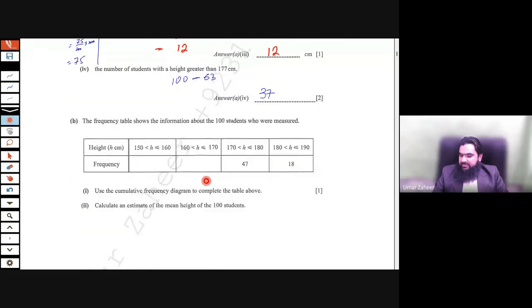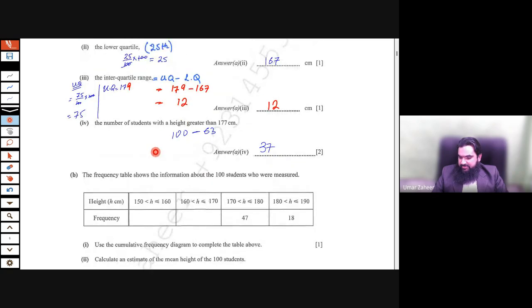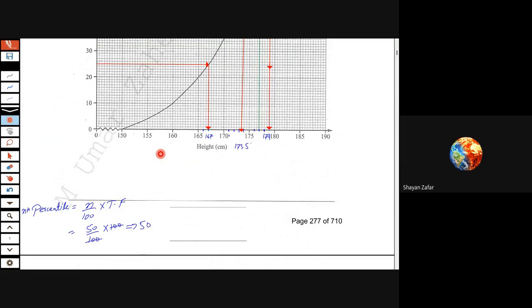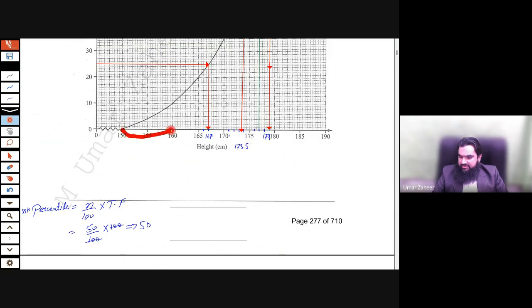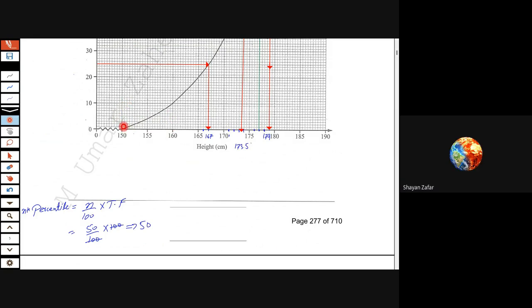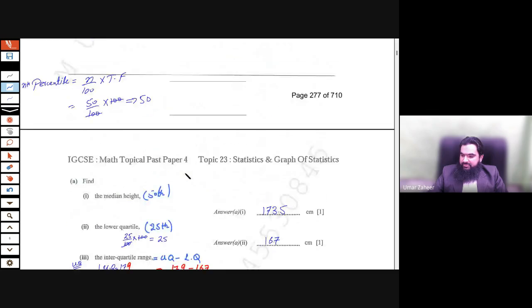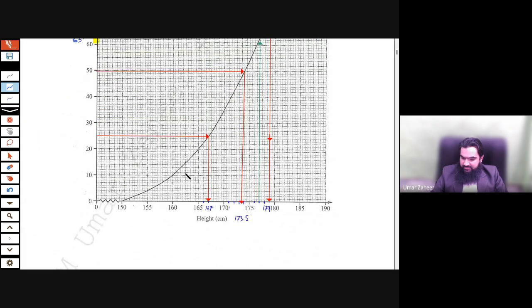Now, in the next part, he says that the frequency table shows the information about the 100 students who were measured. So you have to find the frequency for 150 to 160. The cumulative frequency is 10, so the frequency is 10 here. Next, you have 160 to 170.